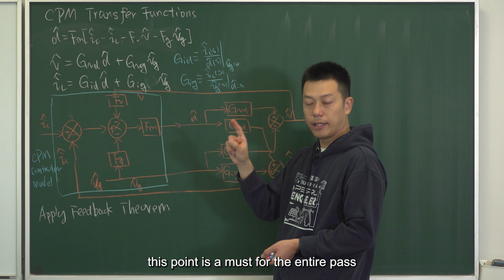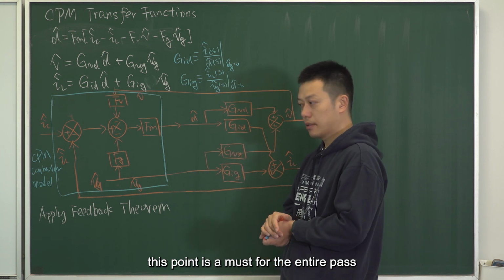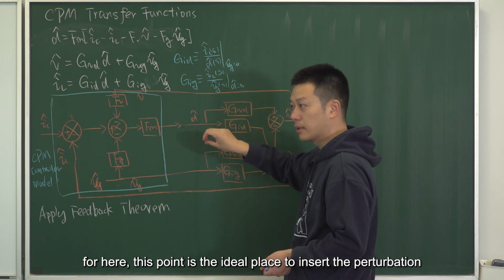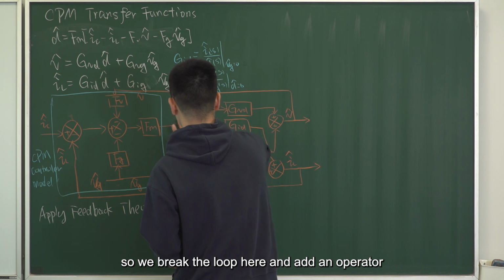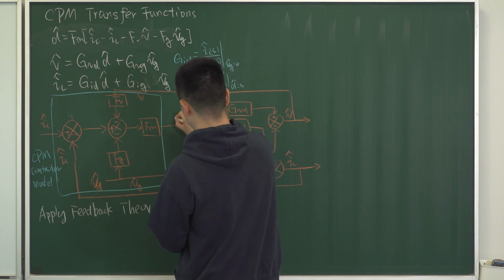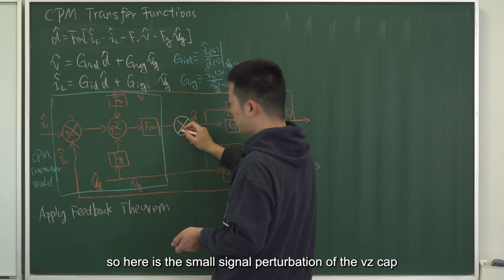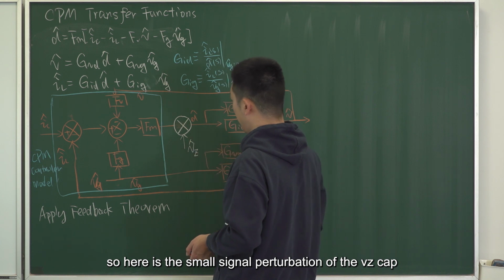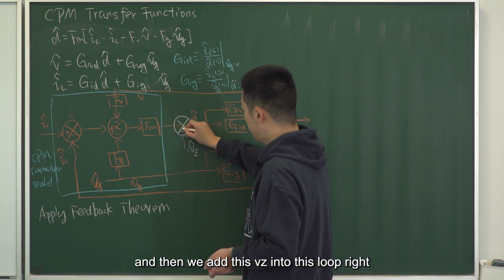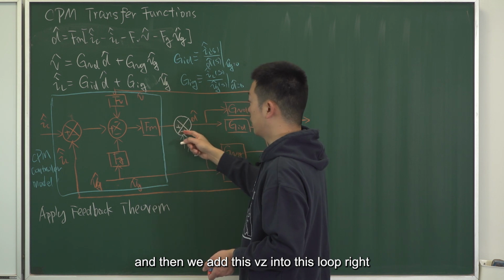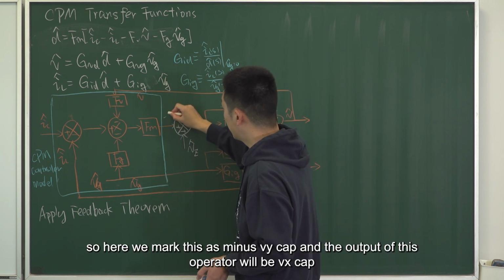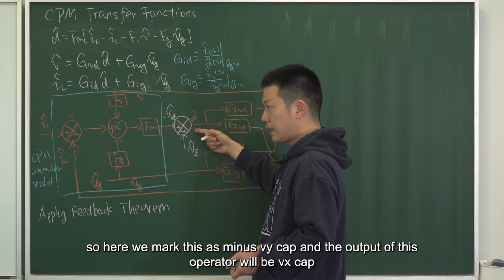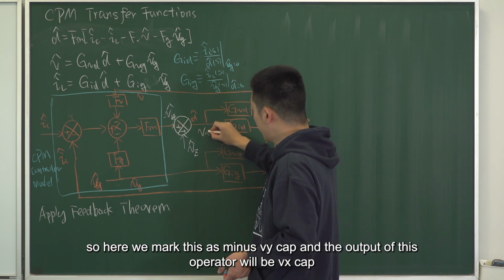This point must be on the entire path, and here is the ideal place to insert the perturbation. So we break the loop here and add an operator. Here is the small signal perturbation VZ cap, and we add this VZ into the loop. Here we mark this as minus VY cap, and the output of this operator will be VX cap.